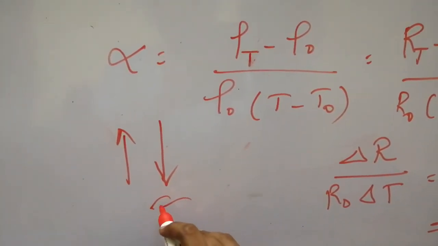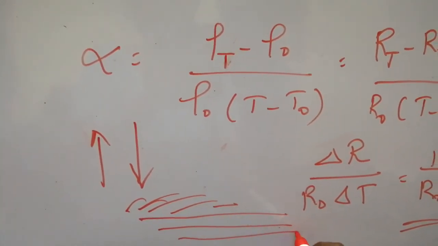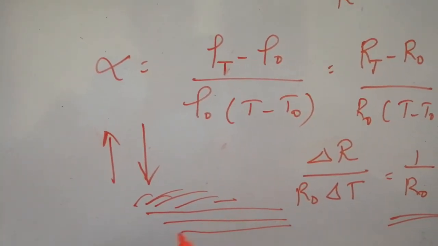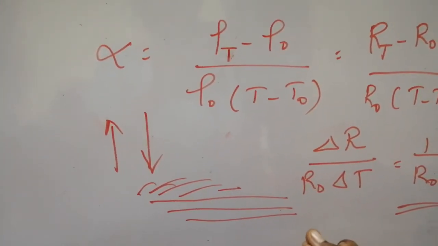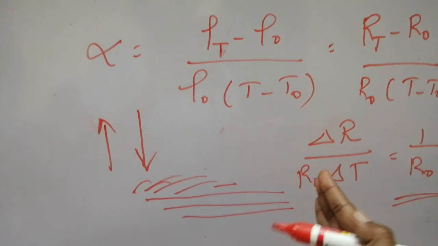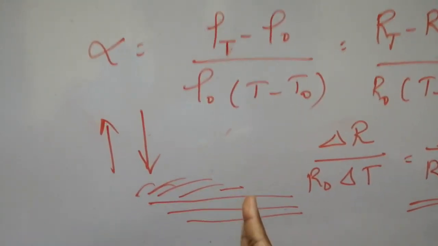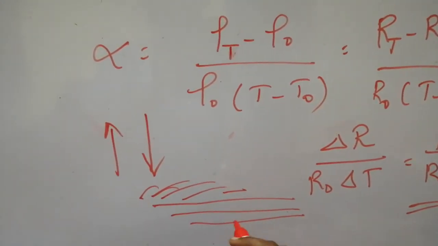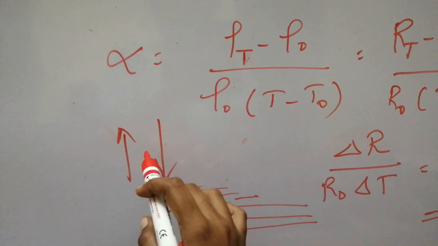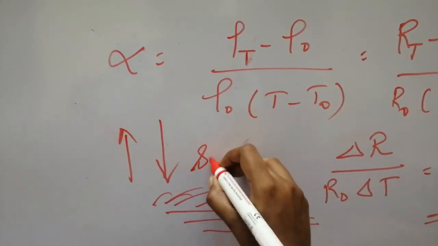More electrons will be emitted from the atoms, then a large number of electrons will move, so the flow of electrons has increased. That is, you have a large current, so the resistivity is decreased. Resistivity is to stop the electrons, but here electrons are not getting stopped, they are moving faster. So when you increase the temperature, the resistivity will decrease in the case of semiconductors.